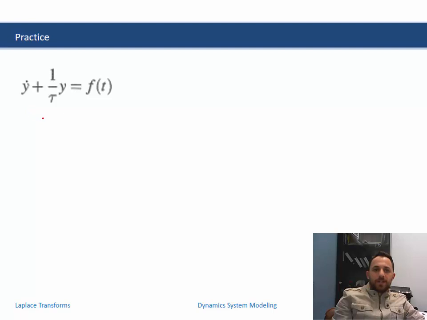Now what if we have a differential equation? So let's assume that we have a first order differential equation and the input f(t) is a unit impulse function. And the unit impulse function is equal to 1 at time equal to 0 and 0 otherwise.